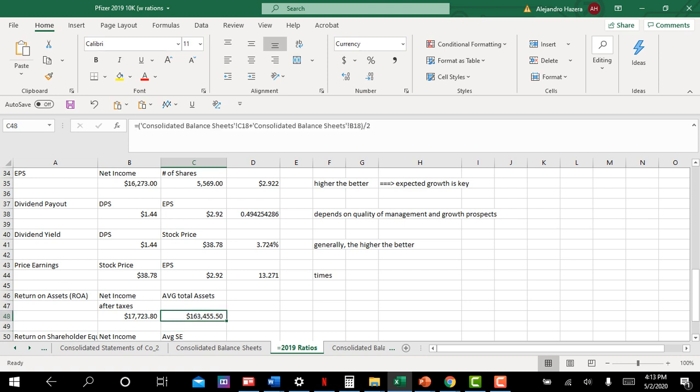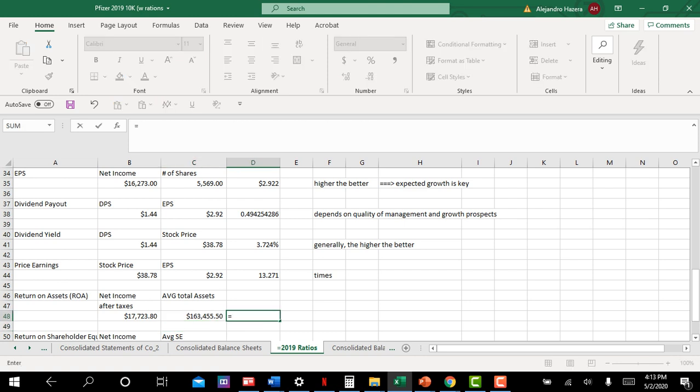That looks about right. Okay, so let's see what this corporation on an accounting basis is returning to all its investors. We take the 17,723 divided by total assets, 10%, 11%. Not bad, not bad. RSE, the return on shareholders' equity, is going to be interesting.